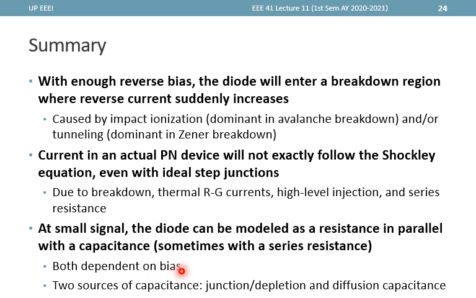So the DC bias influences the AC characteristic of the diode. Now we have two sources of capacitance: junction or depletion capacitance and diffusion capacitance. And we have discussed the cause of these two.